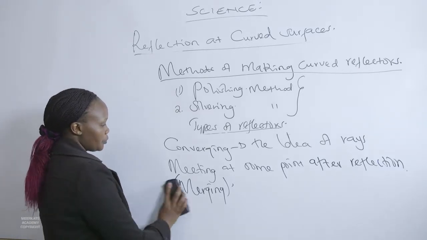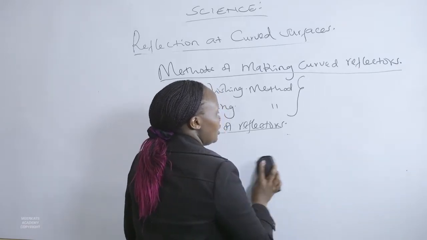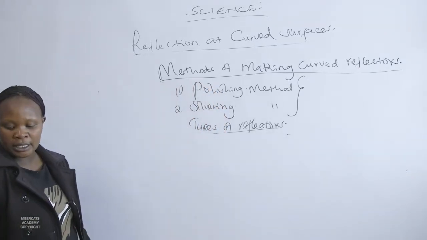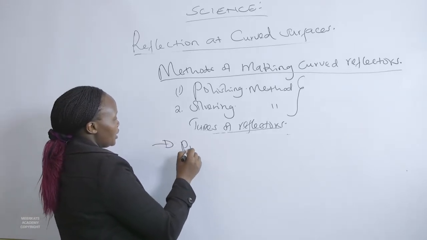Now, a converging reflector is formed when we polish.